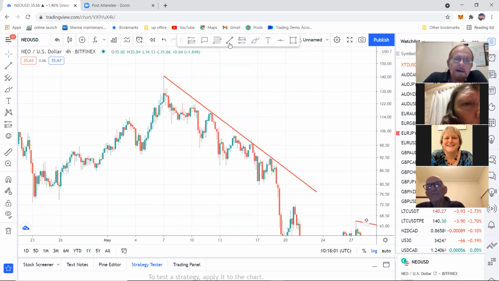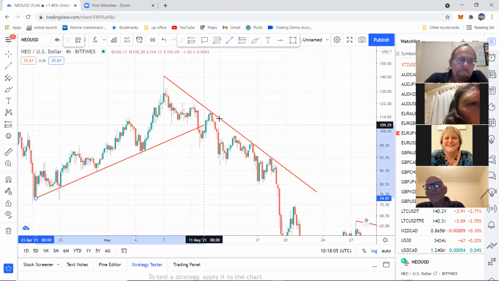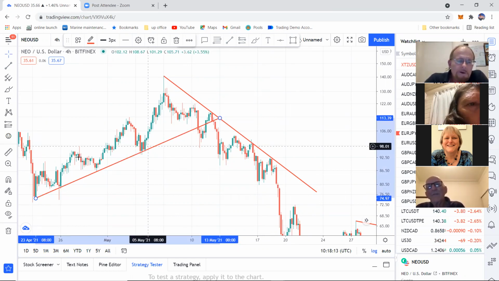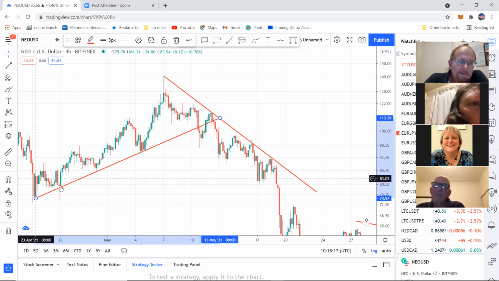If we had an uptrend going on like we do here, you can see that even though the market, before I drew these lines, was zigzagging all over the place, now whenever it's hit where this line is, it's just bouncing on it.